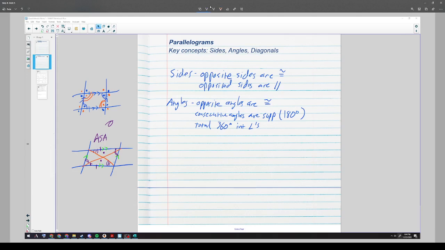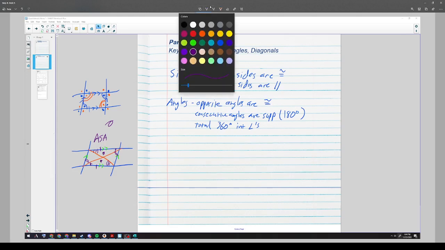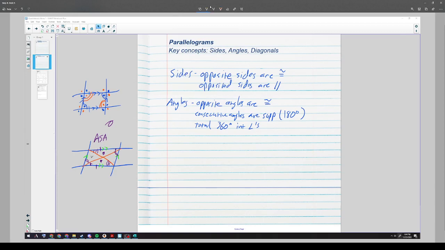We have the 2 purple triangles right here and right here are congruent, and also the 2 brown triangles right here and right here are congruent, but they're not all congruent to each other, right? Because we don't have all the sides of the shape congruent. So this left side and this top side are different lengths. So we get 2 pairs of congruent triangles when we split it with the 2 diagonals.